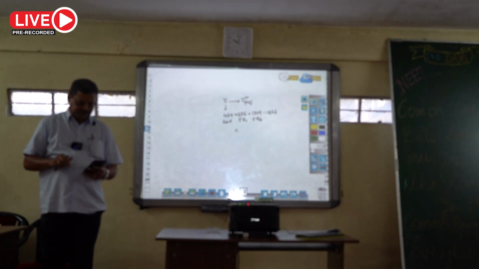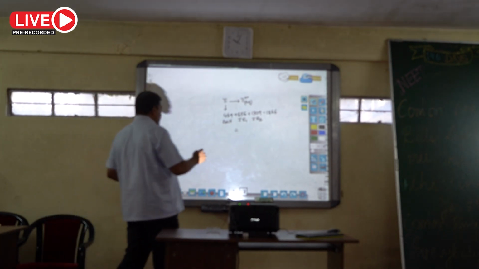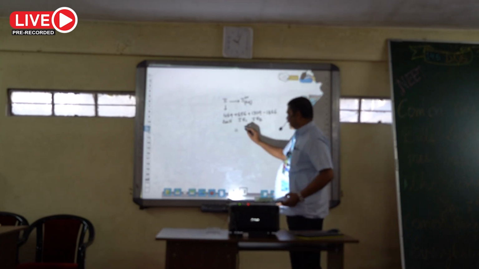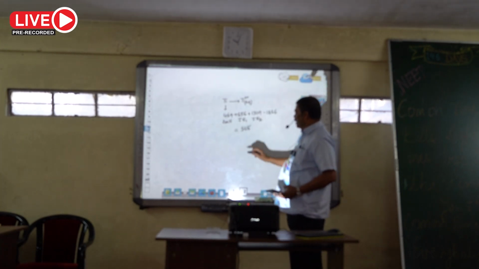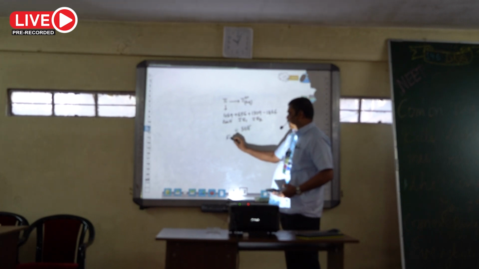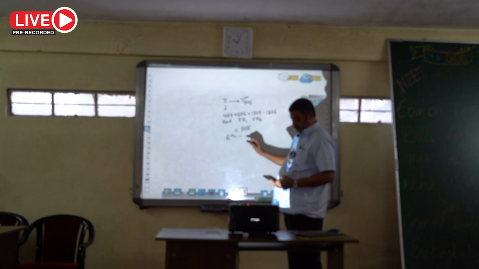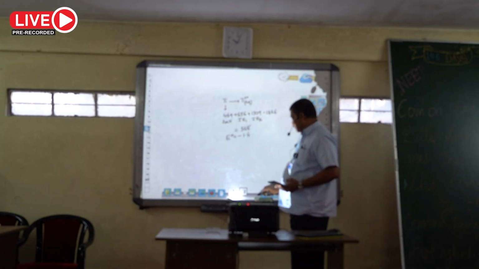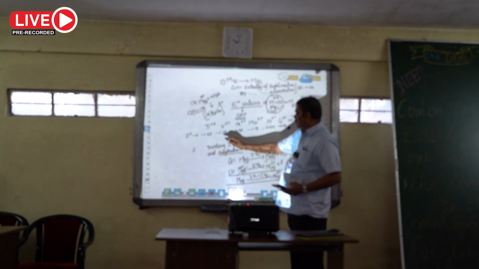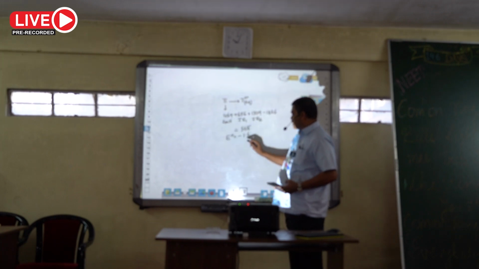So you'll get 568. And the E naught value is given, E naught values we have already given. Minus 1.63 volt.